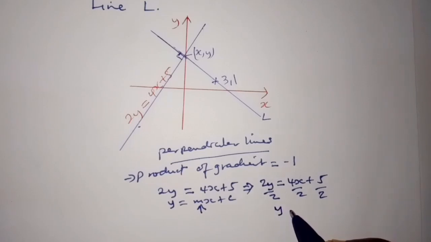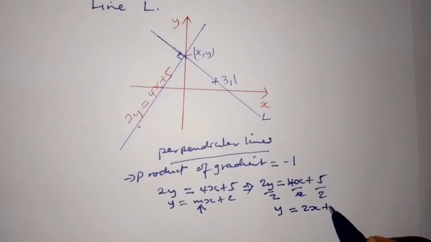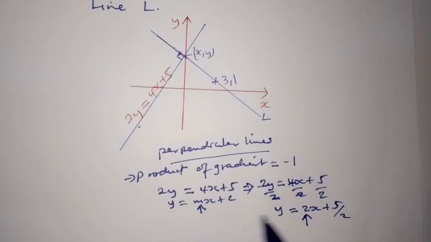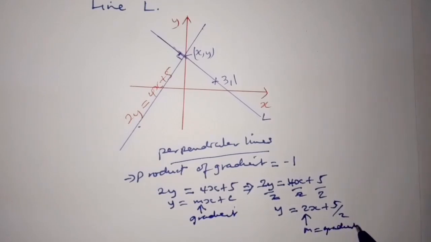y = 2x + 5/2. Therefore, our m, our gradient here, is equal to 2.